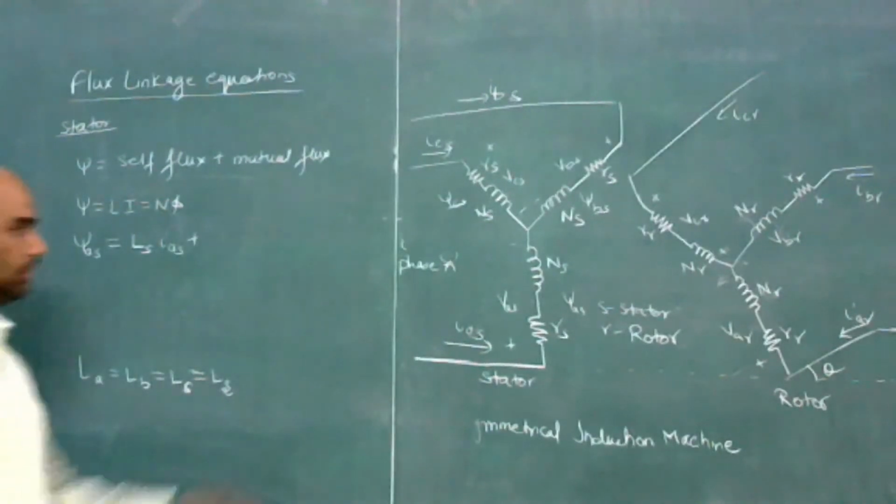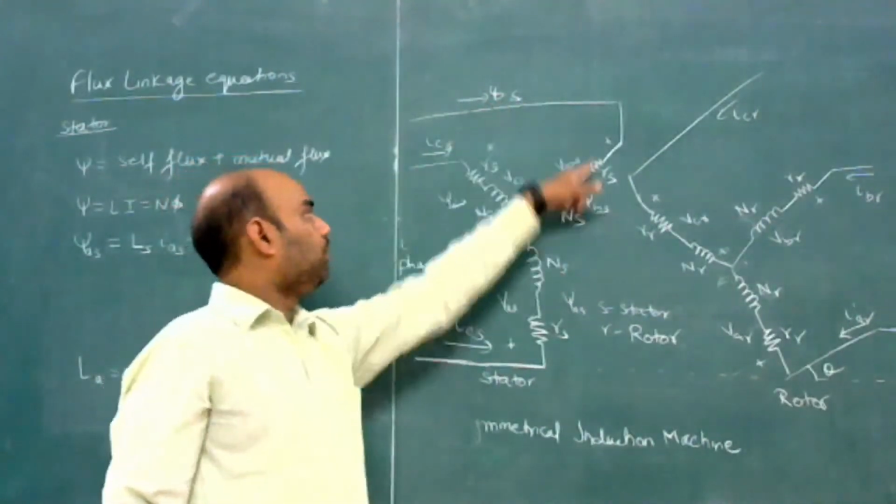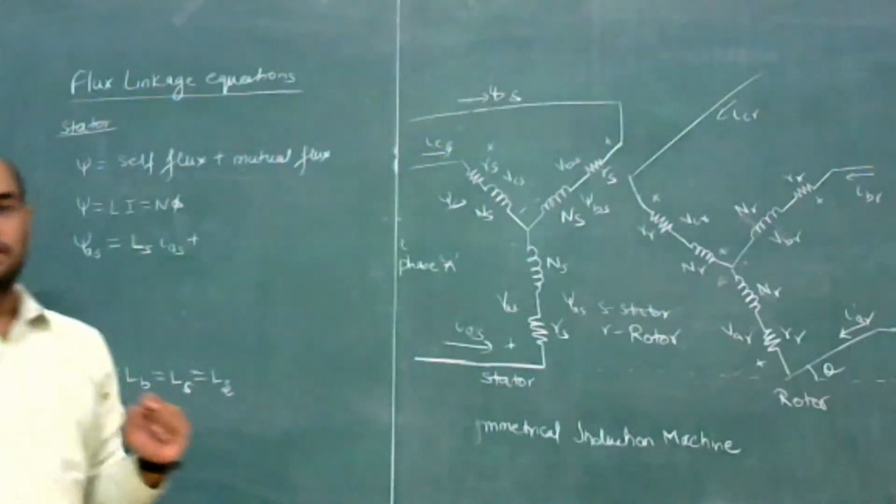plus the mutual flux when current IBS flows in this winding and when current ICS flows in this winding.